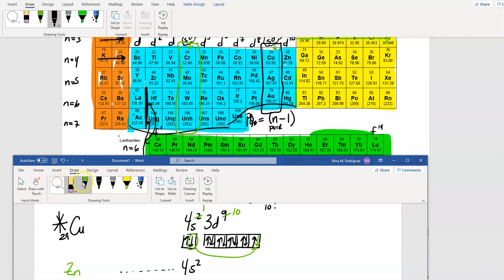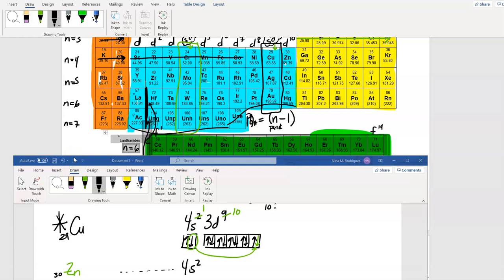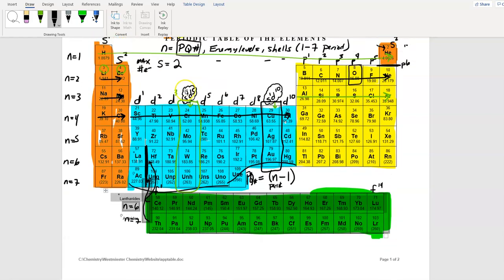He's not an exception, sorry. He's got 30 electrons. So I'm filling it up. I didn't land in one of these elements with the exception. Then don't worry about it. So he's just normal filling it up, 3d10.